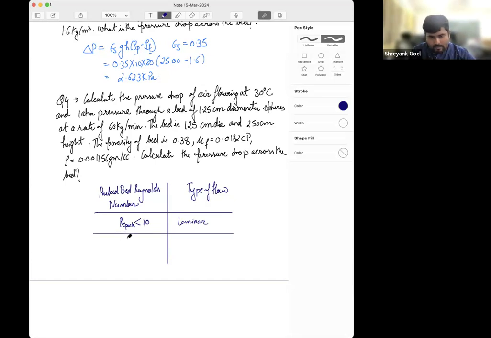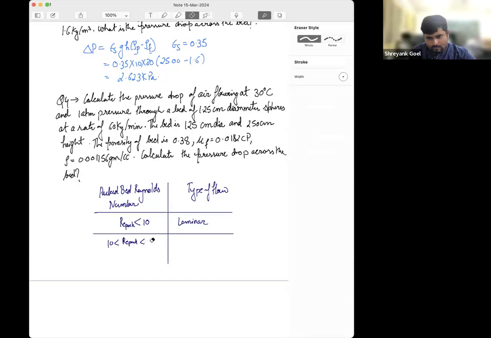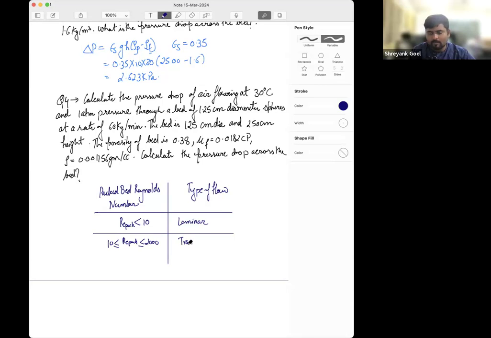If Re is in between 10 to 100, then it is a transition flow, that is transition from laminar to turbulent.